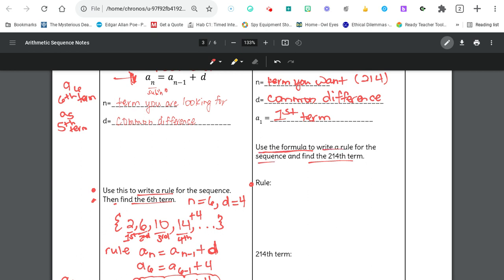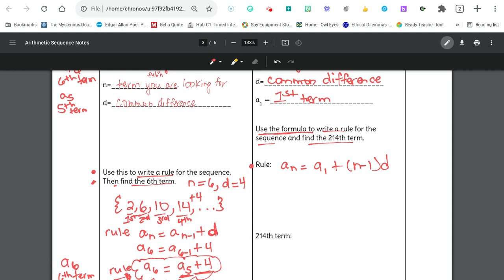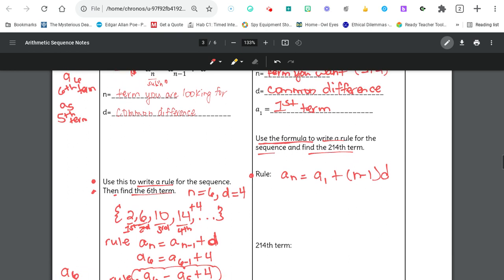Okay. Take the time. So the formula is a sub n equals a sub 1, the first term, plus n minus 1 times the common difference. So n, in this particular case, what term do we want?